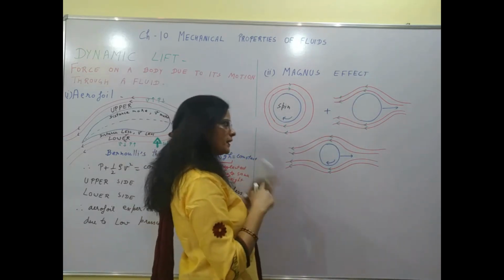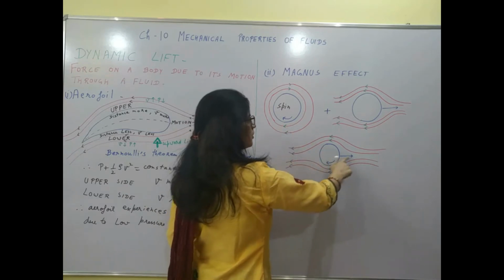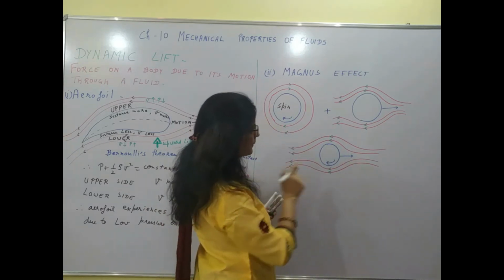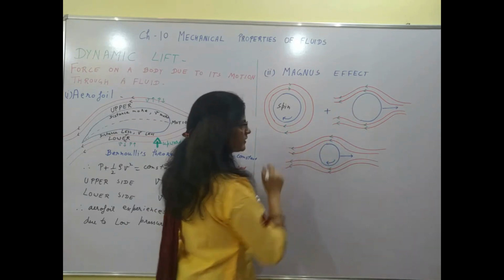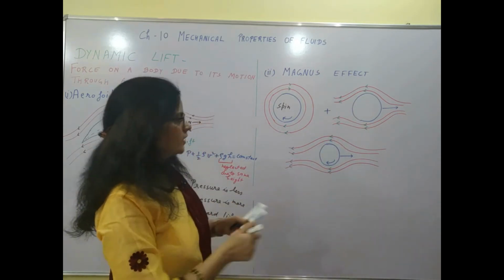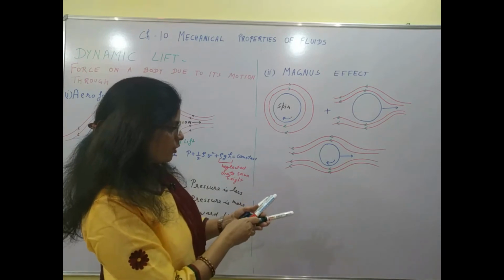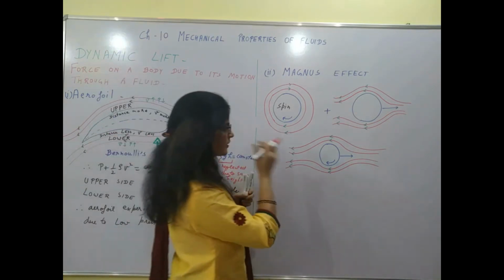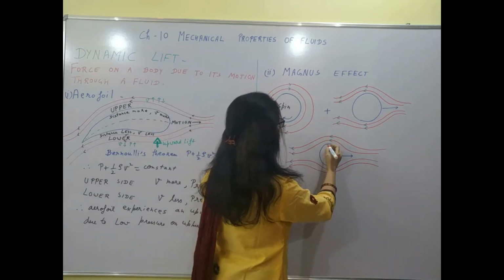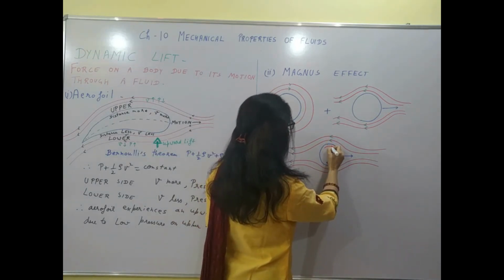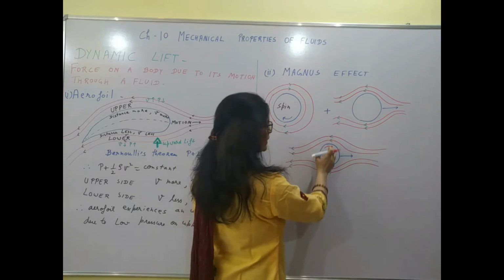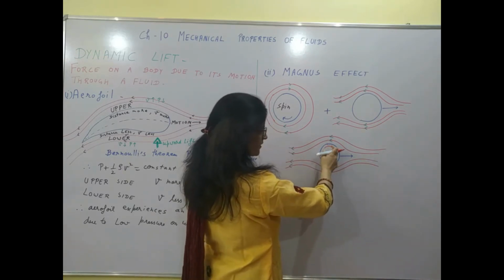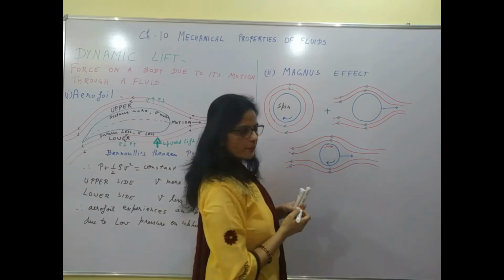If both spinning and horizontal motion, or you can say linear motion, are occurring, then what will happen? The layers will be dragged like this, but on the upper side and the lower side, due to the same and different senses of the motion of the ball, what will happen? Here the velocity of the ball sense is this way, right side, and here the layers are moving backwards.